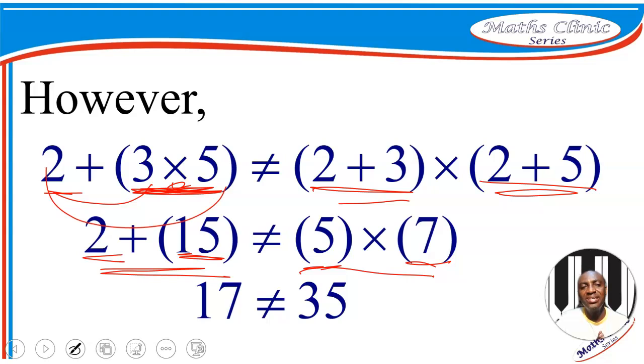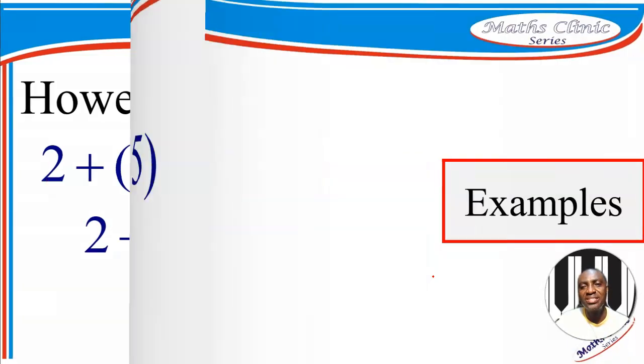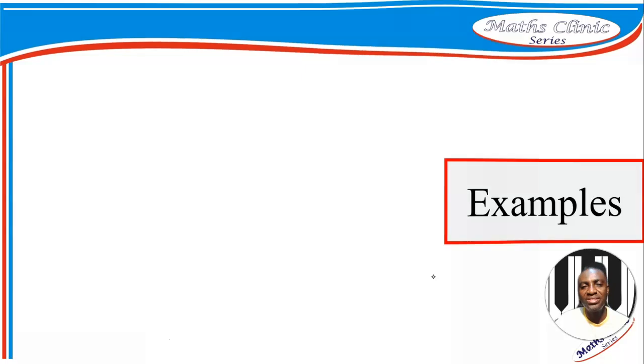So we are saying that addition cannot be distributive over multiplication, but multiplication can be distributive over addition. Now let's see how we can apply this in solving questions in binary operation.